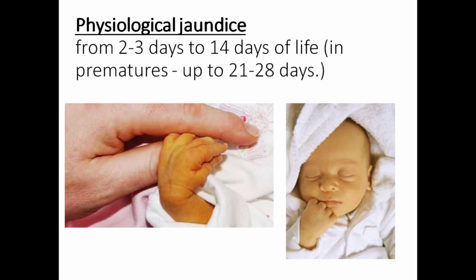One of the most, not popular, it's not a correct term, the percentage of infants that can have this condition is very high, and it's one of the most typical transition states of the newborn.